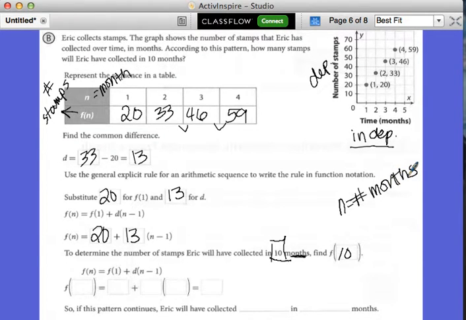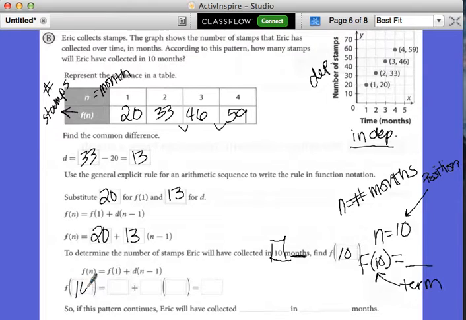Okay, so then n is equal to 10, and then f of 10 is going to give me my answer, and this is my term. Okay, so that is my term, and this is my position. So for my position in this case, it's based on the number of months.